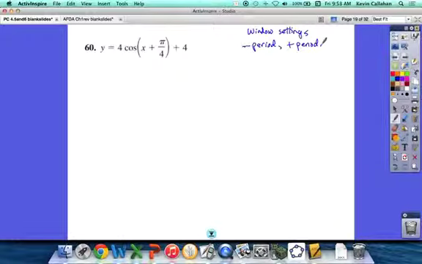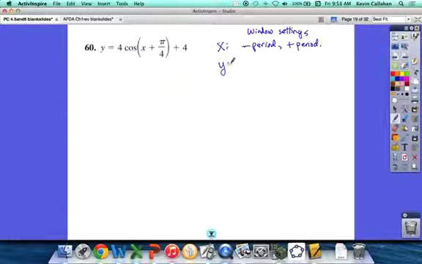After you've calculated the period, make the x min one period to the left, or a minus, right? And then make the x max a period to the right. And then you can set your scale to whatever. That just changes the tick marks. It doesn't matter. That's for the x.